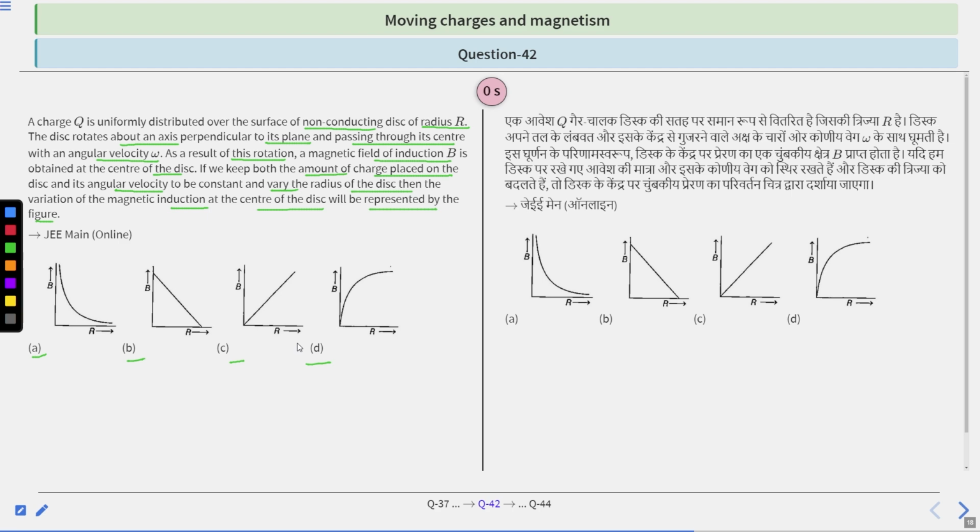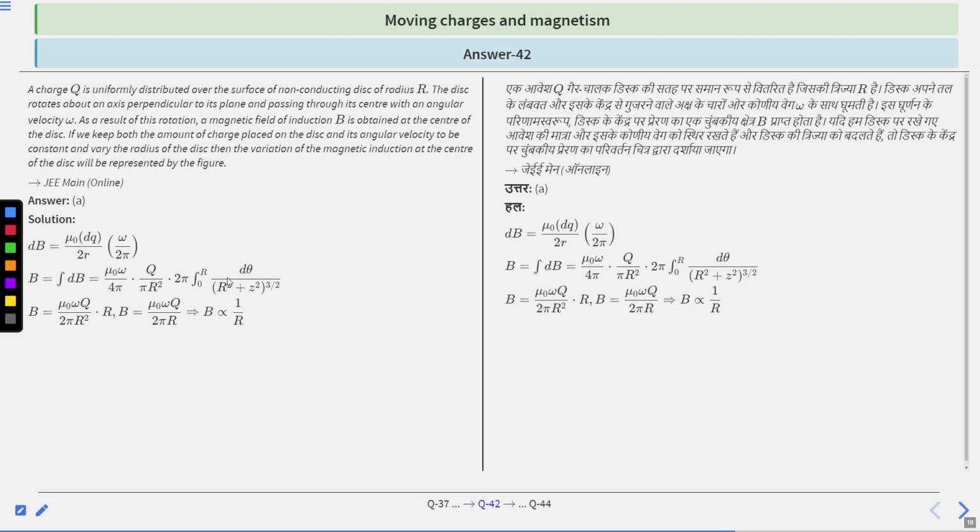Let's find the solution. We know the formula dB equals mu naught dq divided by 2r, times omega divided by 2 pi. For calculating B, integrate this dB.